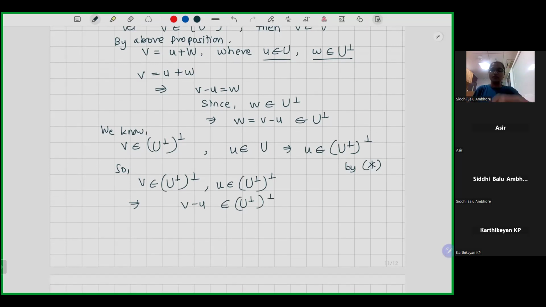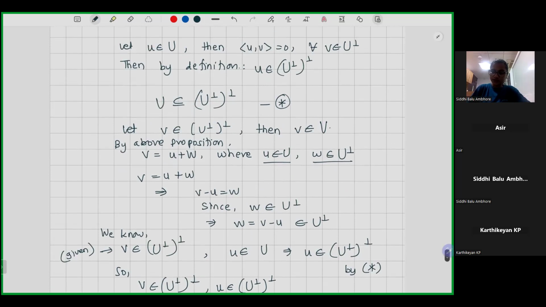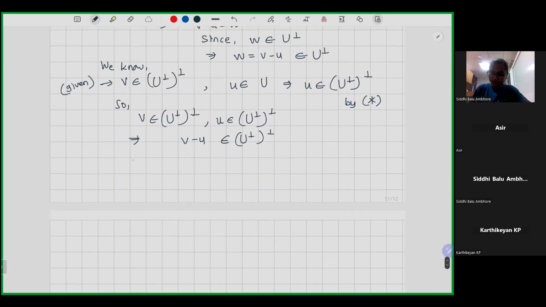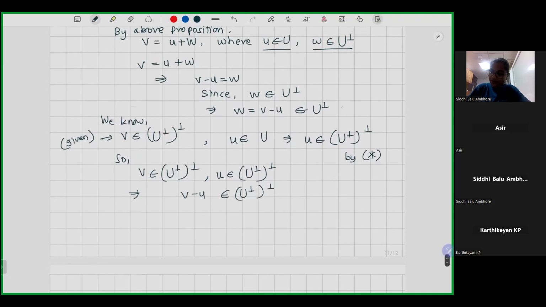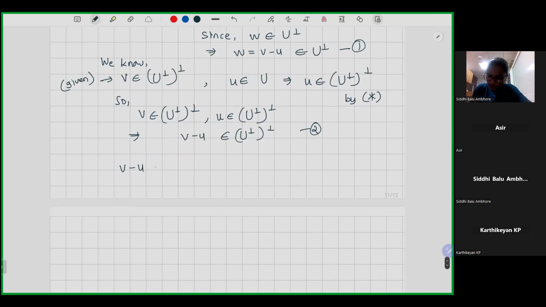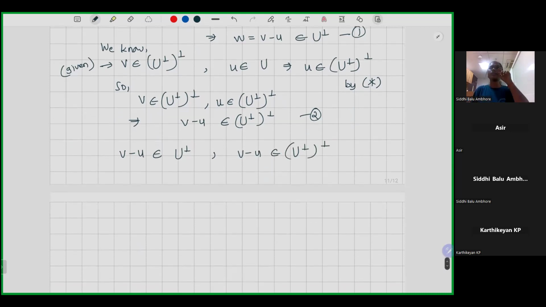Is this okay? We have this, we started with it. This is given. This by star we just proved. Then if I call this 1 and this 2, this implies V minus U belongs to U perp and V minus U also belongs to U perp perp. And what does this mean? If an element belongs to both U perp and U perp perp, then what can we say about this element?